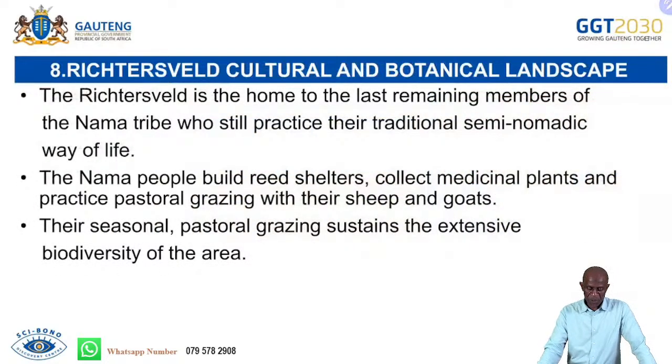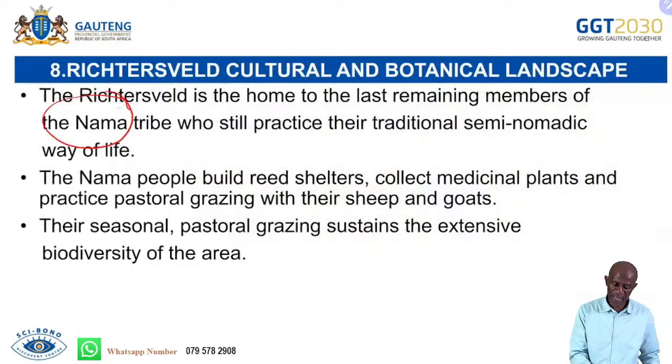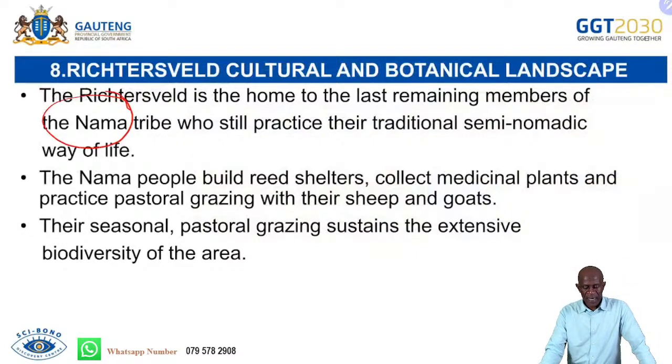Let's look into this cultural heritage site in detail. The Richtersveld is the home for the last remaining members of the Nama tribe, who still practice their traditional semi-nomadic way of life. The Nama people, or the Nama tribe, refers to people that have their roots in Namibia and Botswana.